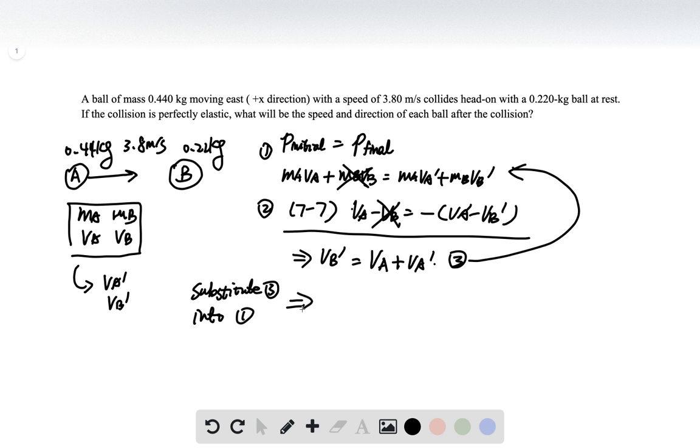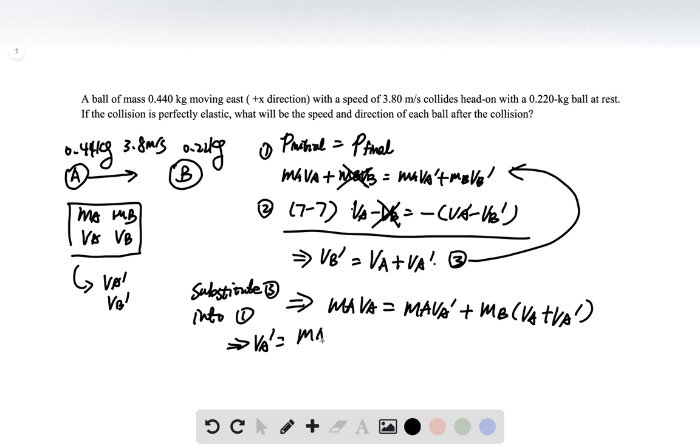This gives us MAVA equals MAVA prime plus MB times (VA plus VA prime). If I rearrange this, what I get is VA prime equals (MA minus MB) over (MA plus MB), whole thing times VA.